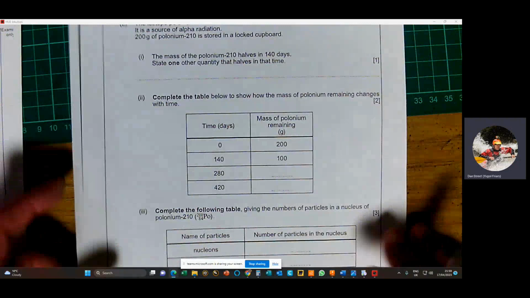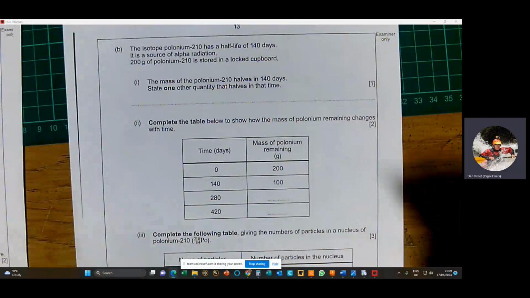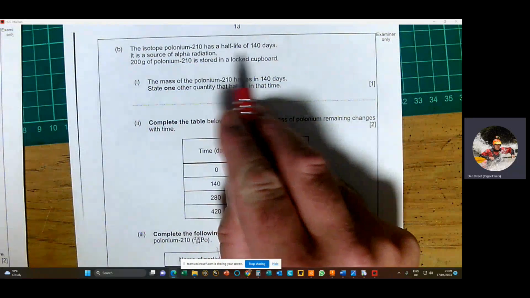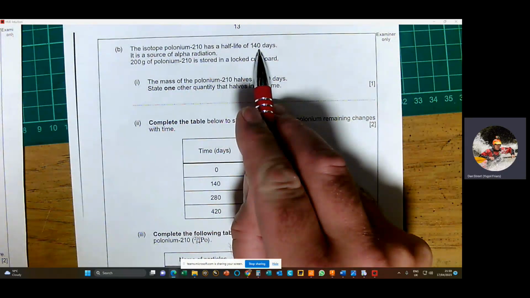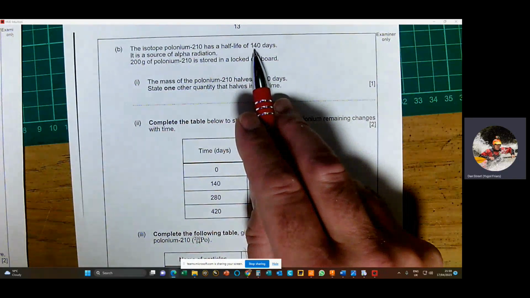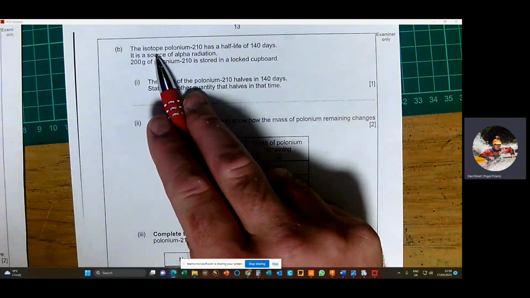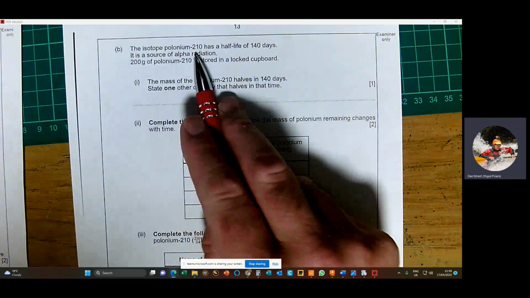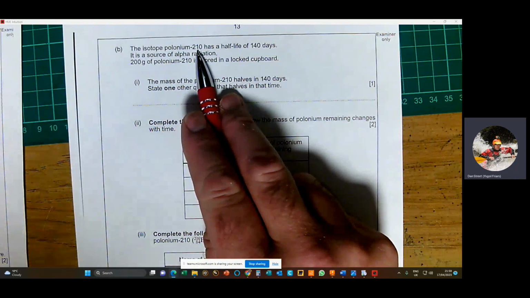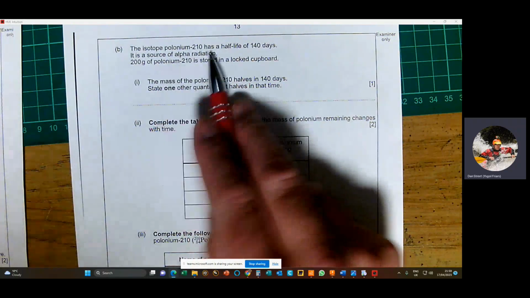Okay, part B tells us that the isotope of polonium-210 has a half-life of 140 days. So there's a lot of information in that first sentence that you do need to understand. An isotope is an example of an element with a certain number of neutrons in its nucleus, and that affects the mass number. It isn't the number of neutrons, it's the number of neutrons and protons, but it affects that number.